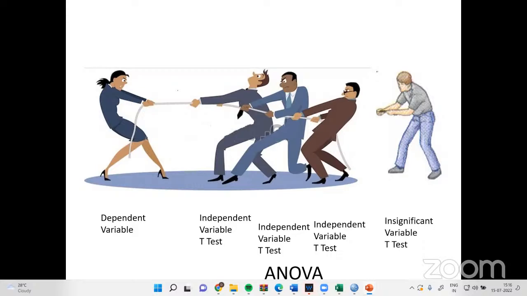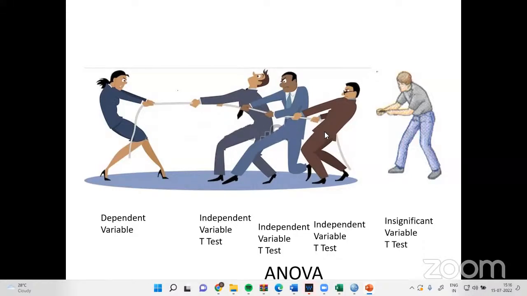Now, shall I ask you the questions? All of you ready? Very simple. No statistics. It's just a painting. How many dependent variables are there? One. Only one.